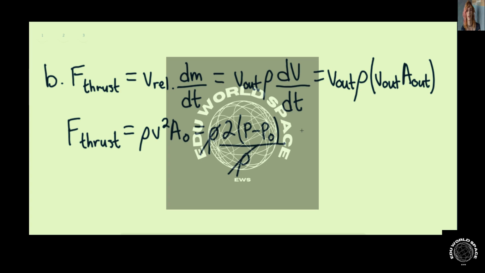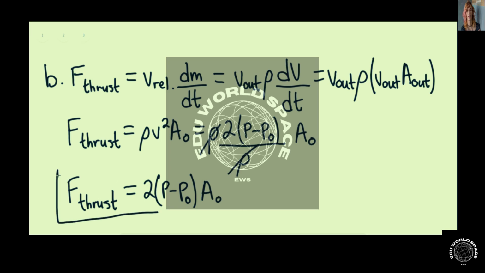They, of course, cancel out, multiplied by the cross-sectional area. And so we can say that the force of the thrust would equal 2 times the change in pressure times the cross-sectional area just outside the exit orifice. This would be our final answer for part B.